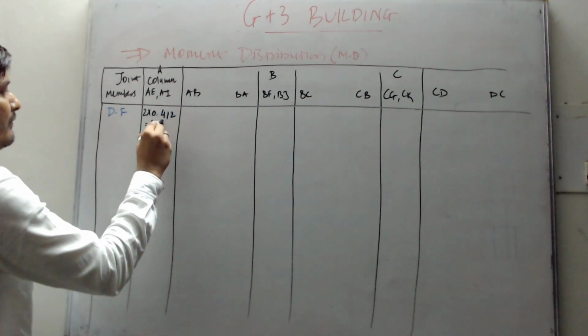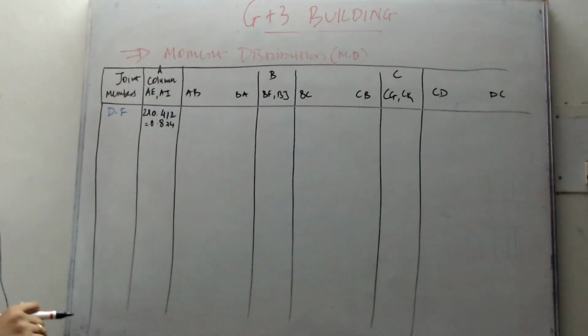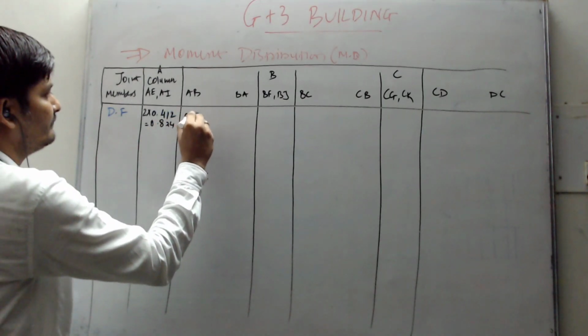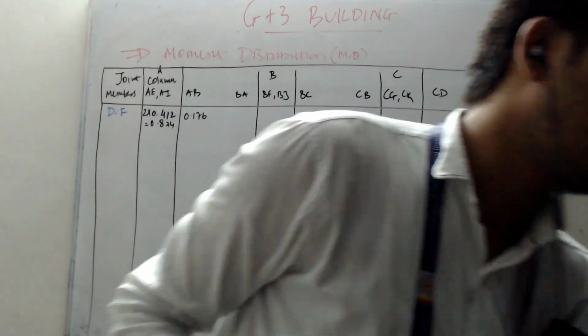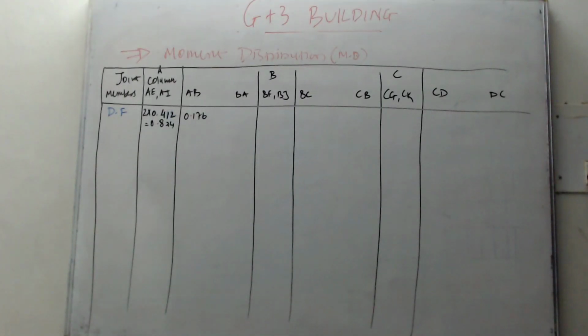First we'll write distribution factor. For AB, what was the distribution factor? We got 0.176. Again for BA, what is the distribution factor that we got? For BA, we have got distribution factor as 0.139.